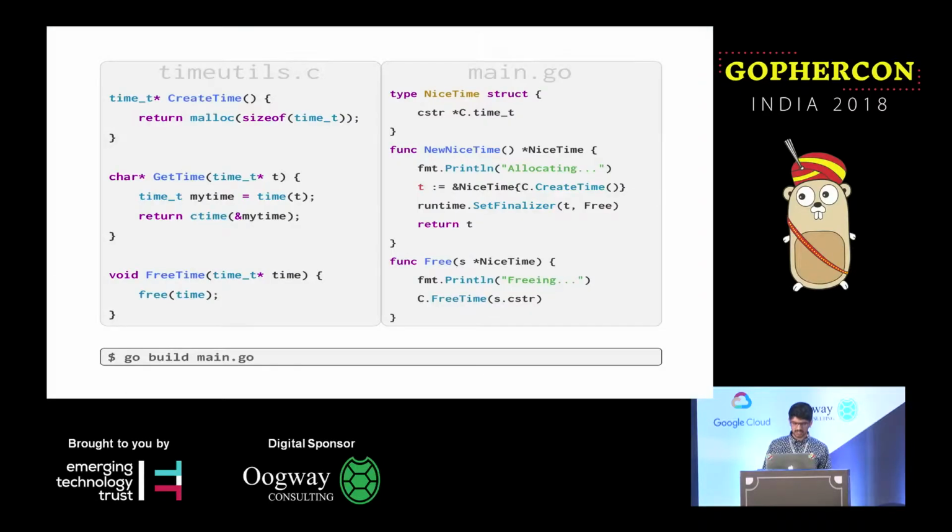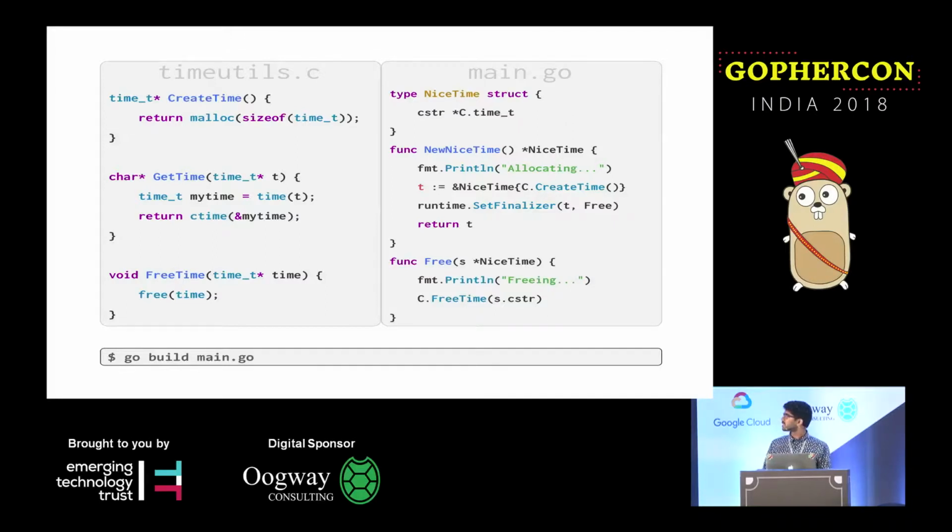So here's a short example for that. The main C functions are create time, get time, and free time. Create time will allocate memory, and free time will free memory. Get time will just take a time pointer and return a string for that.